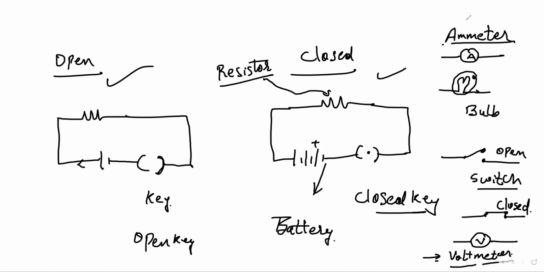Ammeter is the instrument to measure how much current is flowing in the circuit, current flow. Sir, then what is the difference between multimeter and ammeter? Now see, multimeter works for everything. That's why its name itself is multimeter. It will measure voltage, current by just changing a switch. It will change to current.